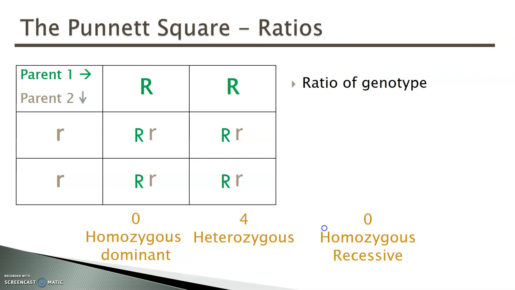Now we do have to include all three numbers here, even though it is a 0. You can make this a more simple number if you want to, but you don't have to. So a 0 to 4 to 0 ratio would be our genotype. So again, we're comparing the genetics with genotype to our phenotype and what we can actually physically see.